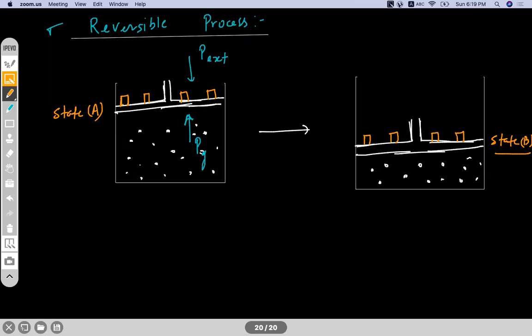Pranav, you there? No, it is not constant, Aditya. You see, you have done this in physics also, reversible, irreversible. Have you done this thing in physics? Tell me.